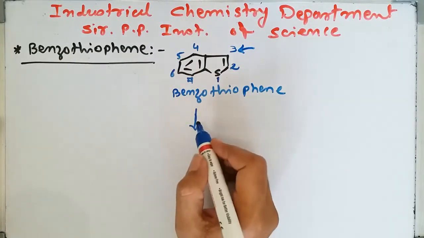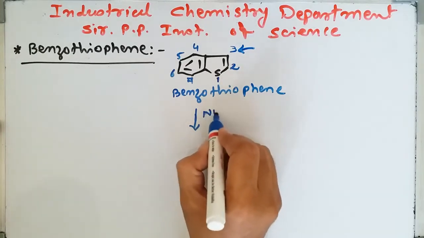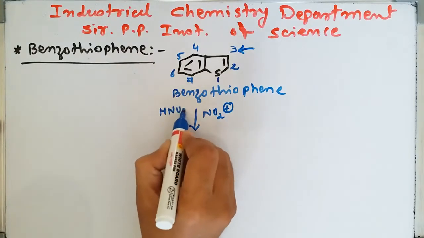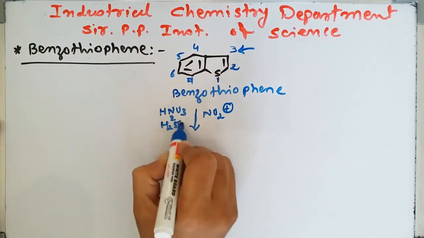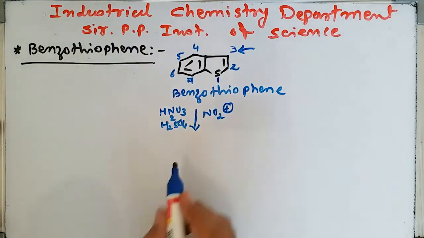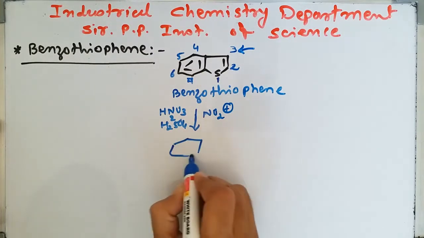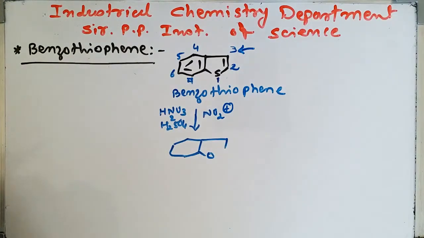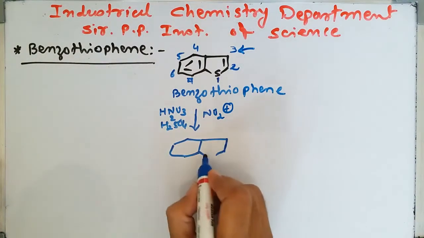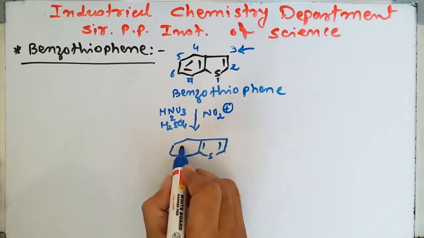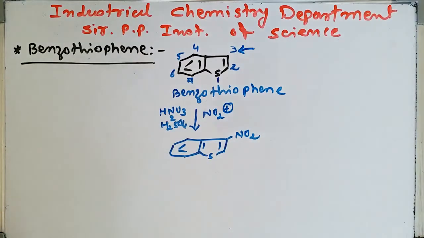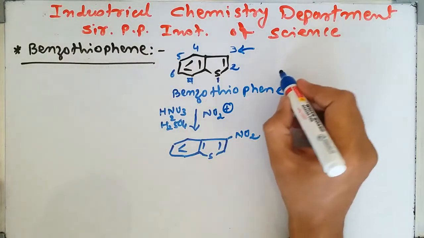First of all, we see nitration with the help of nitrating mixture. HNO3 and H2SO4 gives the nitrating mixture. So we get 3-nitro benzothiophene.